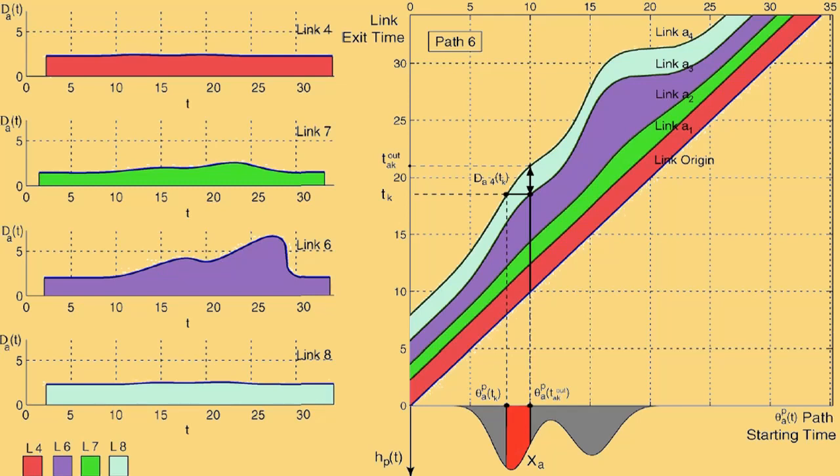These curves provide the exit times of all the links of a user starting the trip at time t, obtained from the link travel time function shown in the upper part of the figure. This figure shows how the traffic wave deforms when traveling takes place along the 4 links, 4, 7, 6 and 8 of path 6. This allows us to calculate the delays due to congestion.